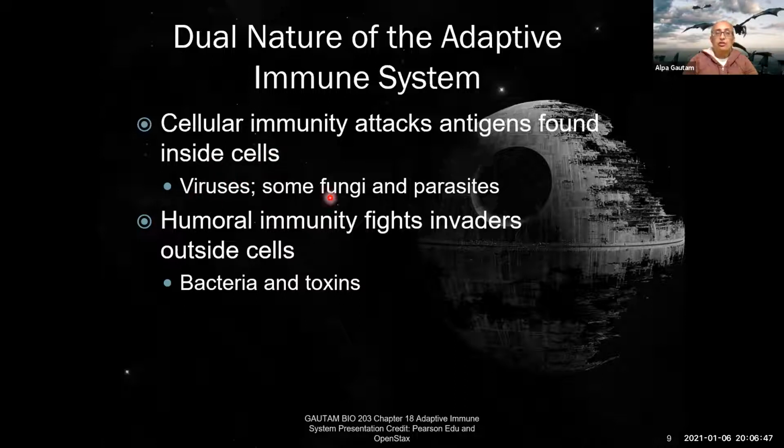Virally infected cells, some fungus, parasites that might be inside of cells. This is because the cell that's infected expresses on its cell surface either damaged protein of itself or pieces of the pathogen that a T cell recognizes and comes along and will have its immune response.